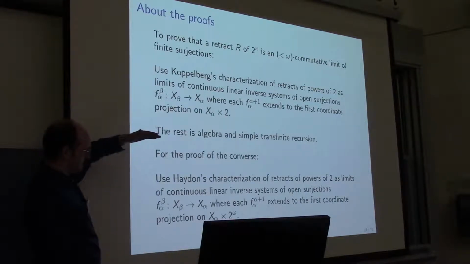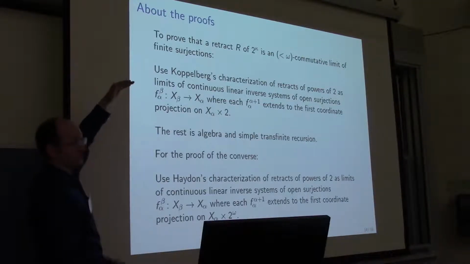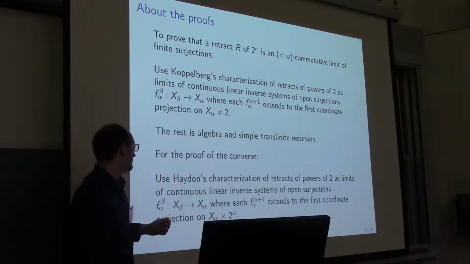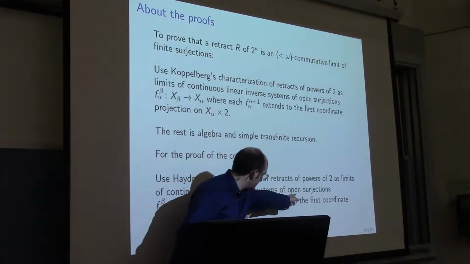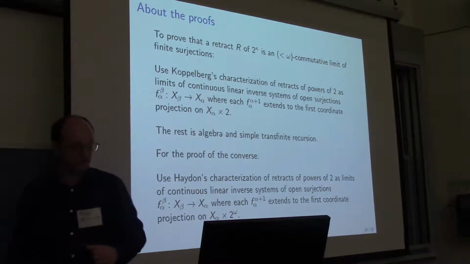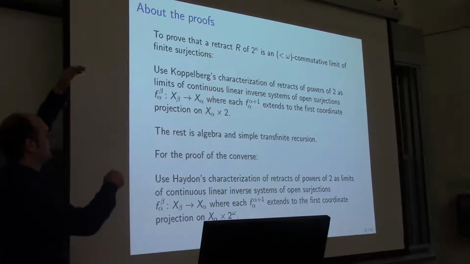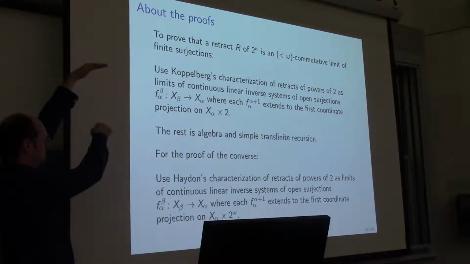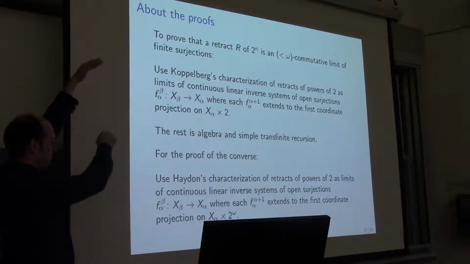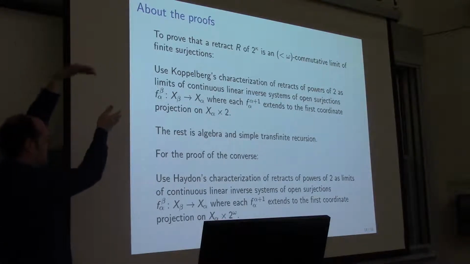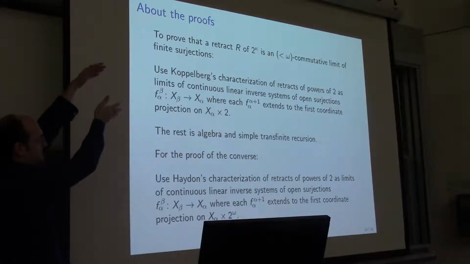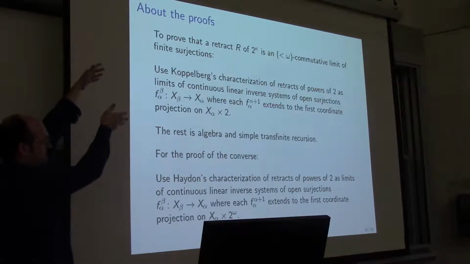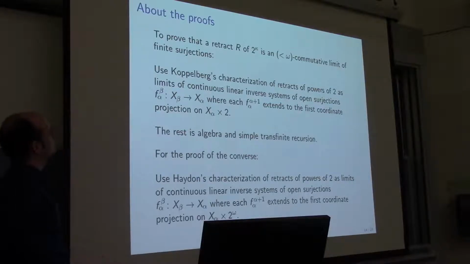okay, actually, the key word here is open. I want to have open surjections, where I have, say, the projection from the 2 to the alpha plus omega subspace of that, then you want to project down to just 2 to the alpha.